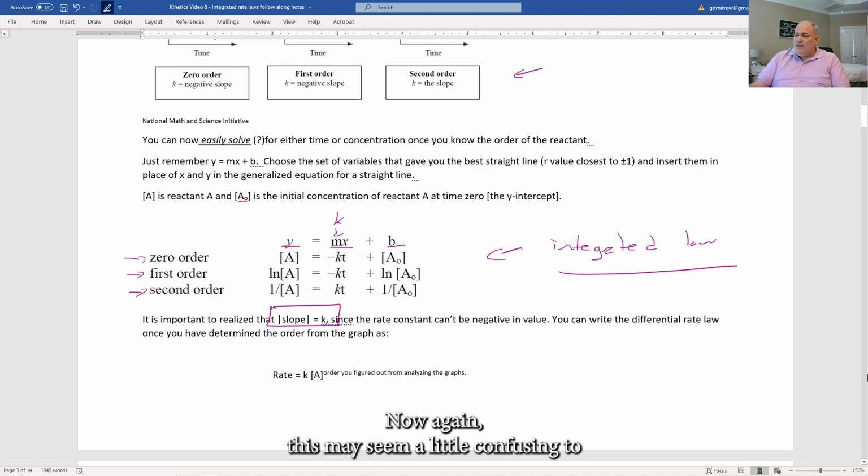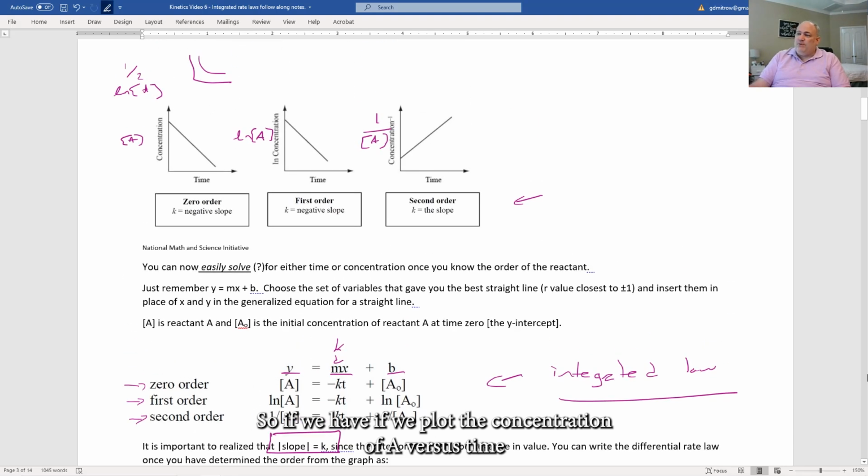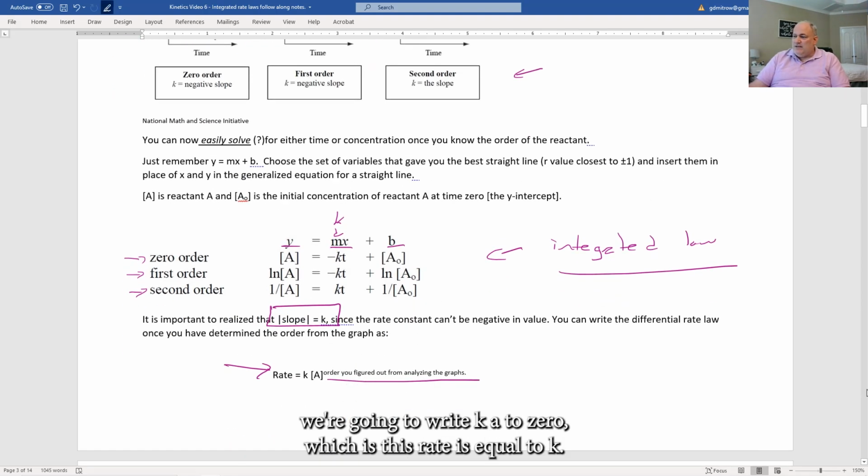Now, again, this may seem a little confusing until we actually start doing this, but what we can do is write our differential rate laws like we did before. Rate is equal to k times the concentration of A, based on which order we figured out. So if we plot the concentration of A versus time and we get a zero order, that means down here we're going to write k A to the 0, which is just rate is equal to k.